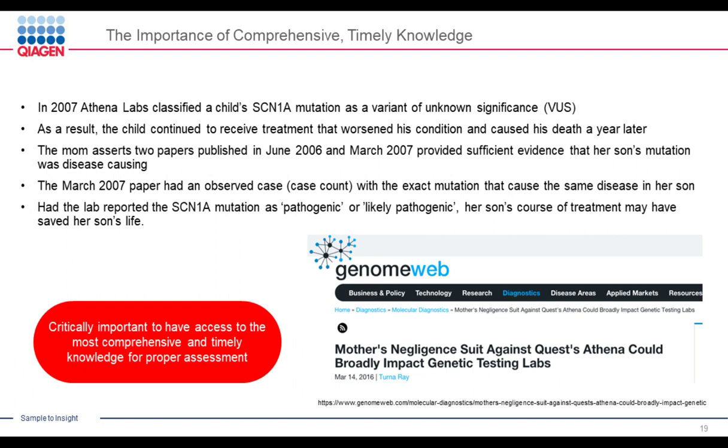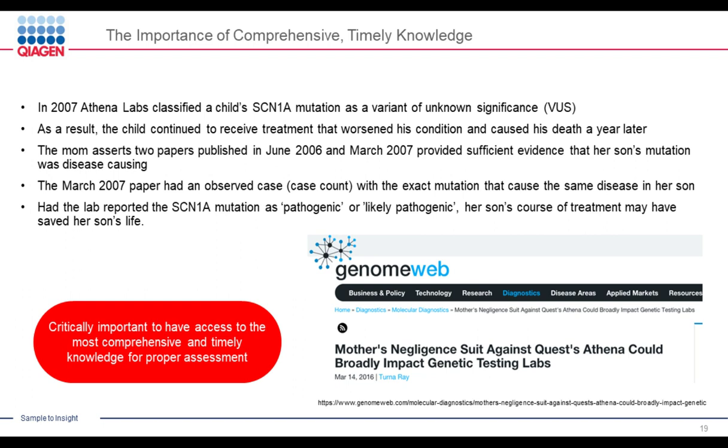Well, the mom wanted to go back and look at those variants as part of her family planning process, and realized that back then, in 2007, there were actually 2 papers, in June of 2006 and March of 2007, that could have provided sufficient evidence to classify her son's mutation in a different way.